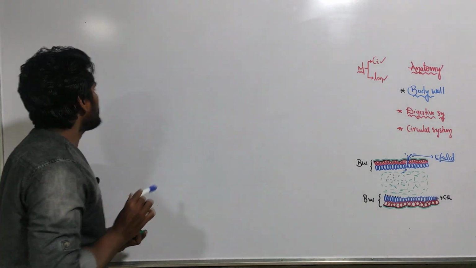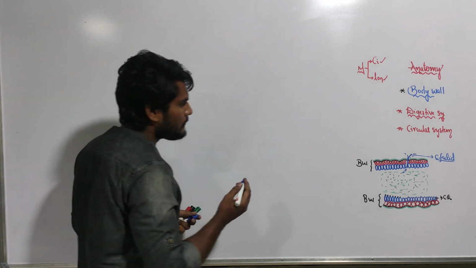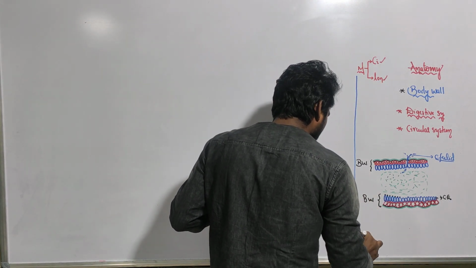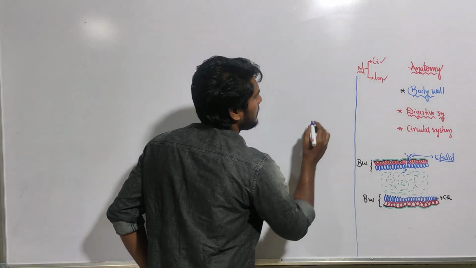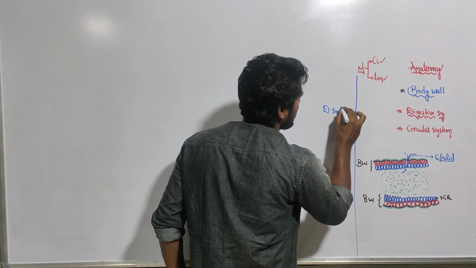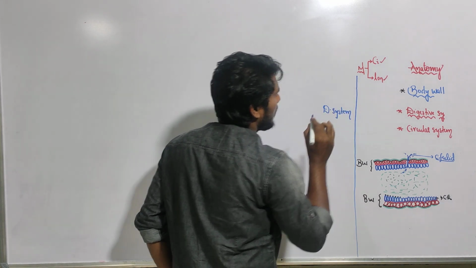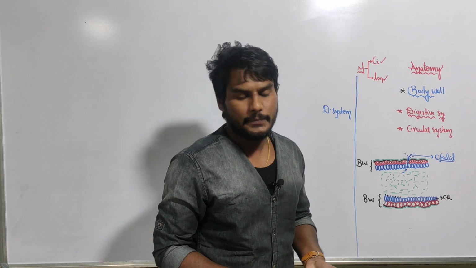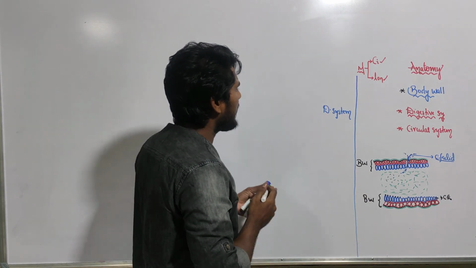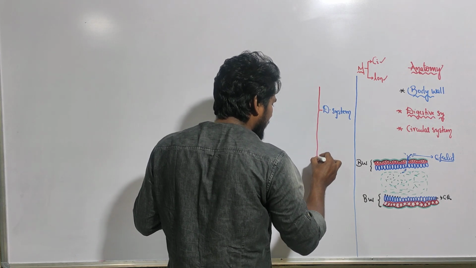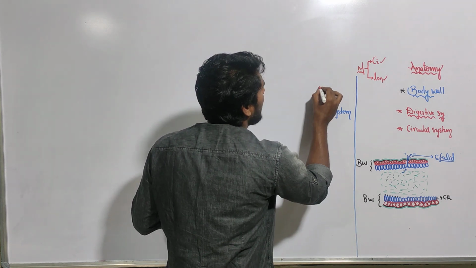Now in this digestive system, okay, fine. The digestive system contains alimentary canal will be present, and you know alimentary canal contains anterior opening. Yes, the alimentary canal contains anterior opening. What is the anterior opening?